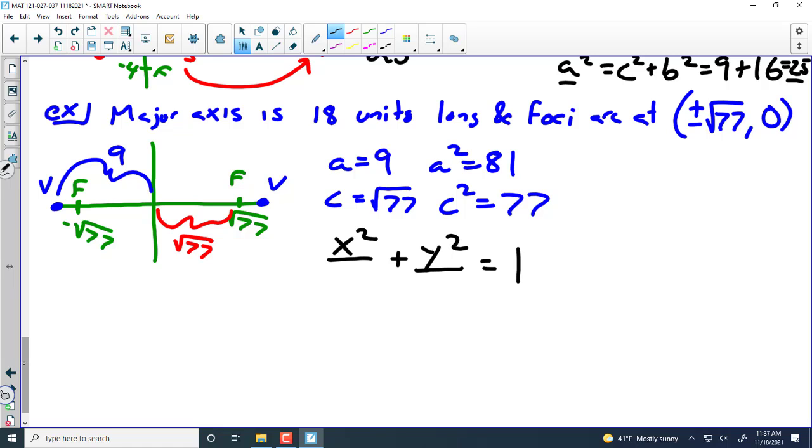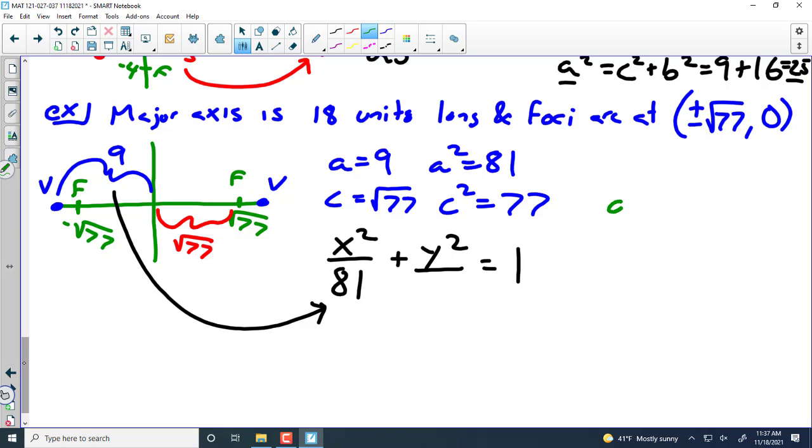Can I start to fill out anything on the equation yet? Yeah, what can I do? Very good. Why? Because I went left and right 9. 9 squared is 81, so that goes under the x squared. It's exactly because that was a 9 and I squared.